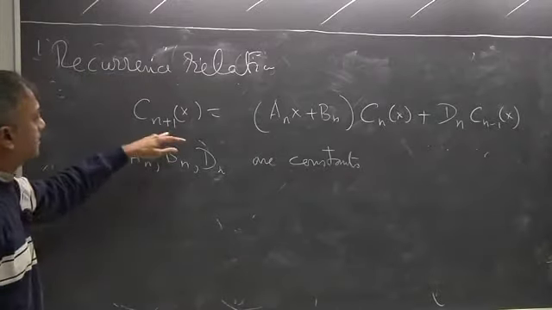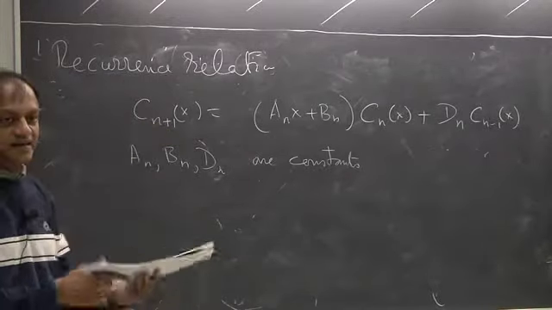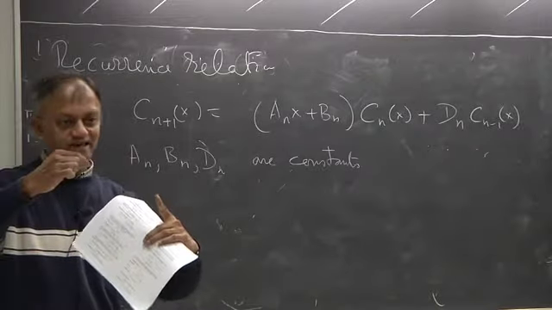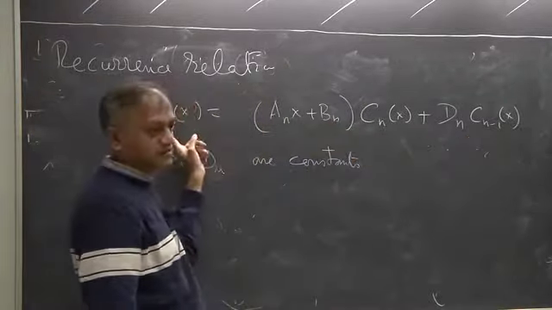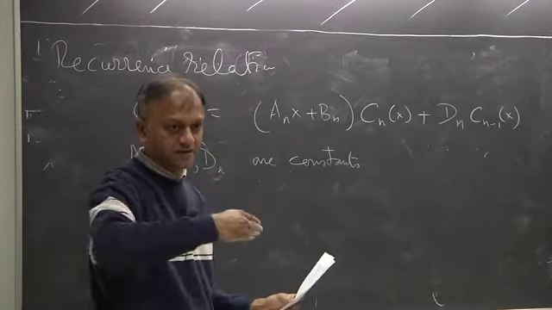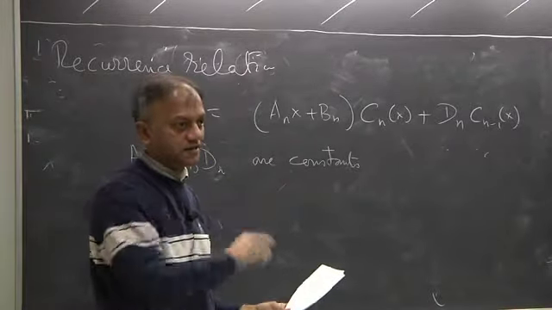So what it is saying is that it's a relationship between three consecutive Cn's. This is a relation between Cn minus 1, Cn, and Cn plus 1. So three successive C's. There's a recursion relation like that.